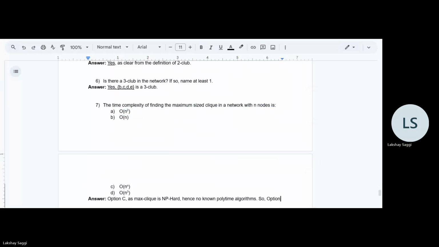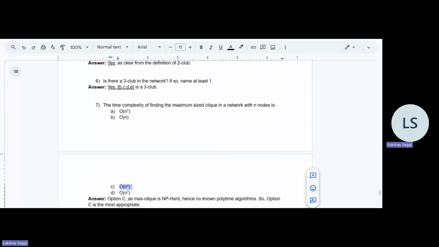So option C is the most appropriate. And an order n raised to power n size algorithm is quite trivial. Maybe it can be reduced to 2 to the n. Just for all possible subsets of vertices in the network, check whether it is a clique or not.